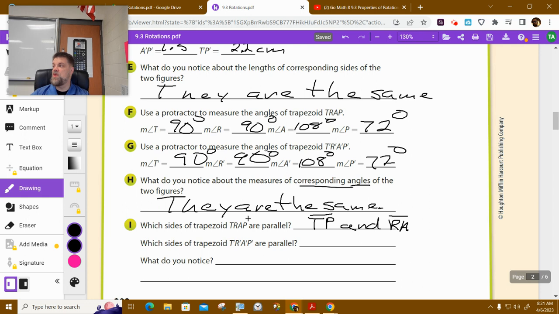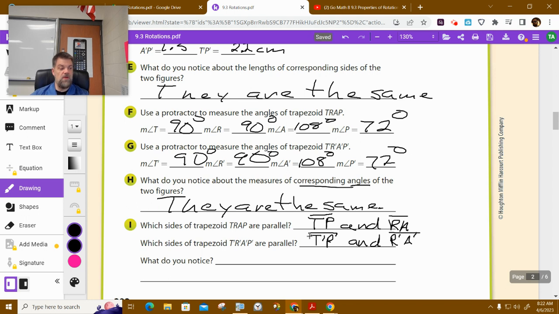If it was a ray, I'd put one arrow. I don't know if that has been covered with you guys. Now, consequently, T prime P prime is parallel to R prime A prime.